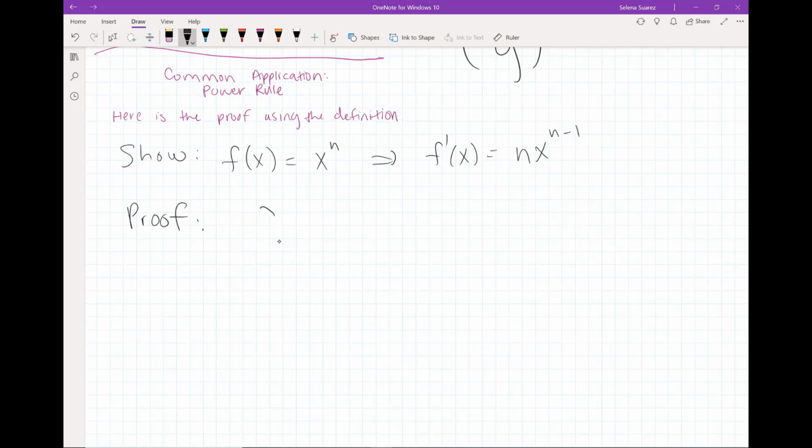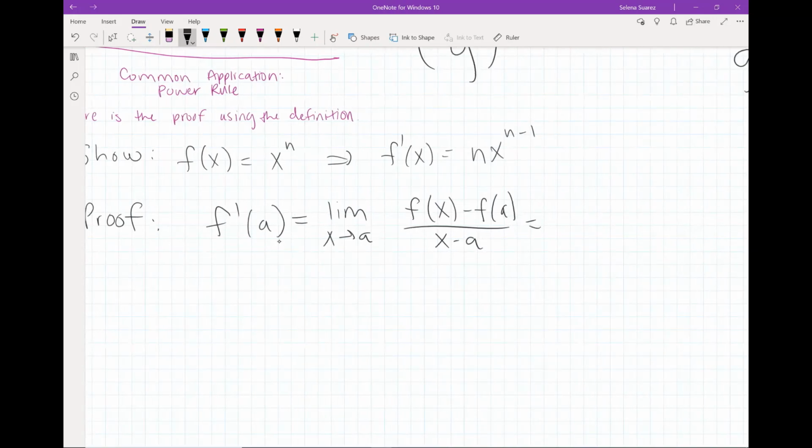So the form that I'm going to be using is f prime of a is equal to the limit as x approaches a of f of x minus f of a over x minus a. So if we plug our function in, we get the limit as x approaches a of x to the n minus a to the n over x minus a.